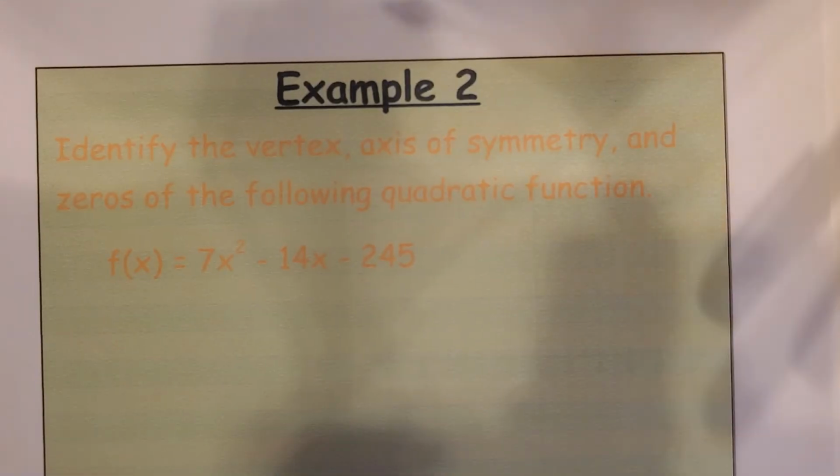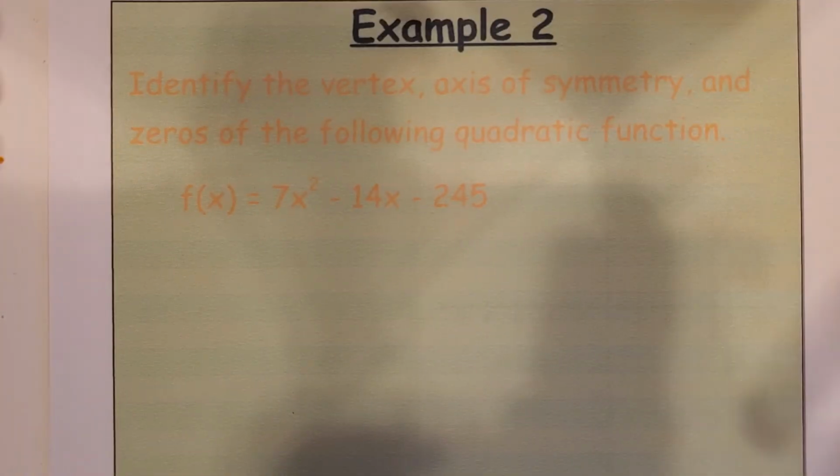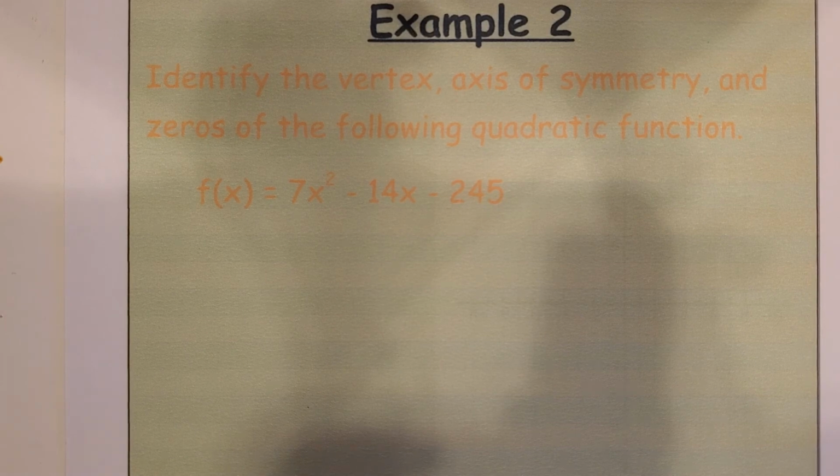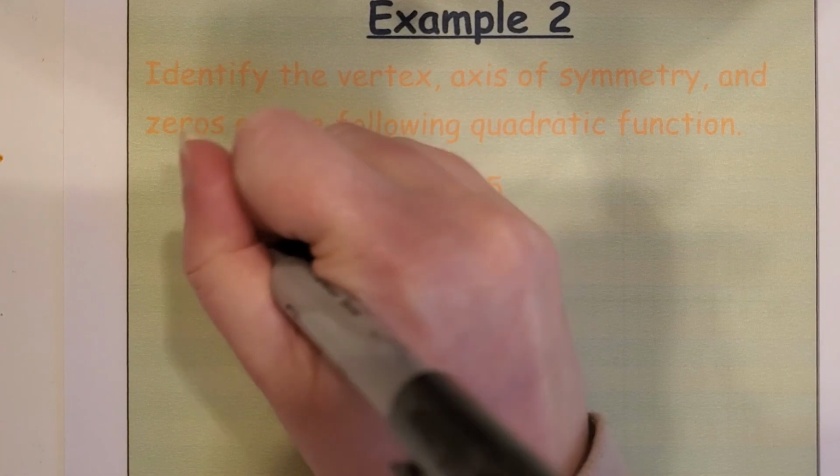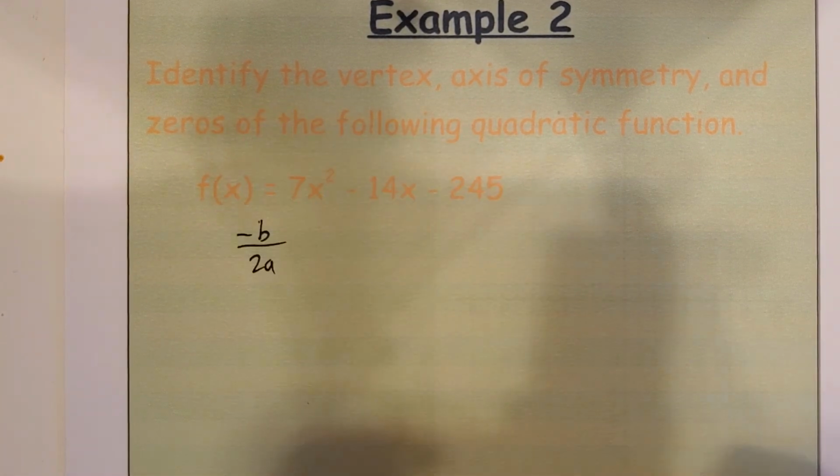So when we find, well, let's go in order, all right? Vertex and axis of symmetry. You actually need the axis of symmetry before you can find the vertex, because again, the axis of symmetry is the x value of your vertex. So axis of symmetry is going to be the same, -b over 2a.